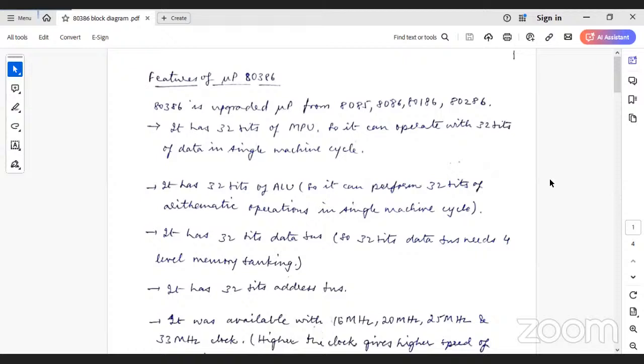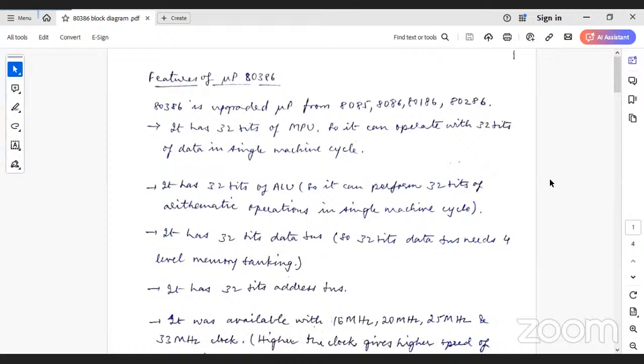In the last class also I said, when you are going to buy any laptop, you will see how many bits the laptop is. What is the speed of the laptop, 64 bits or 32 bits or 128 bits. Like this, a particular name is given there. Depending upon that, the execution of that processor or that laptop, or even your cell phones which are doing all such calculations, will be decided.